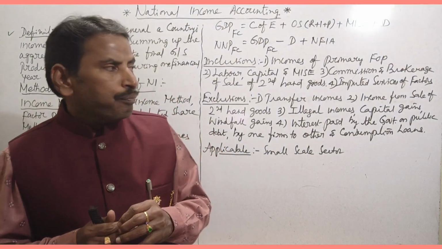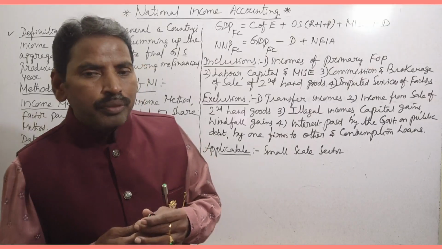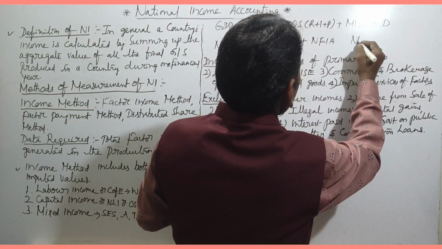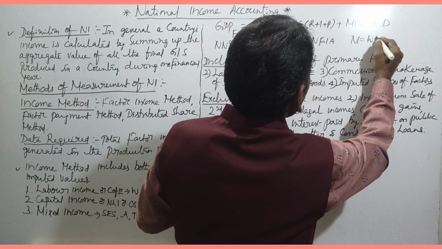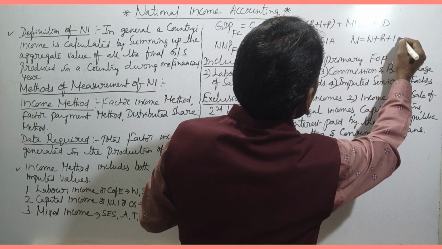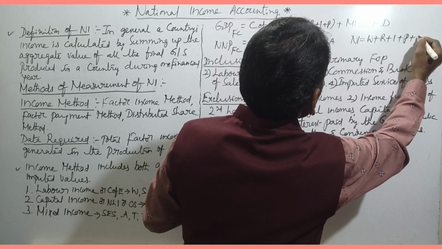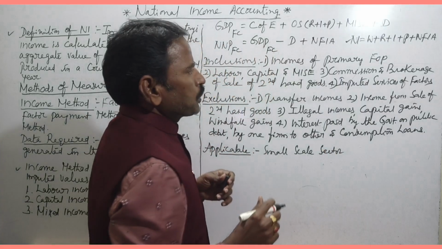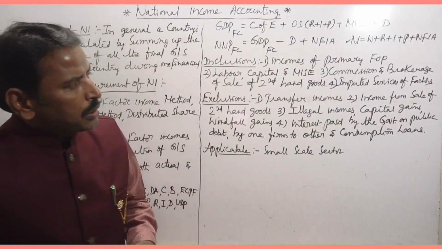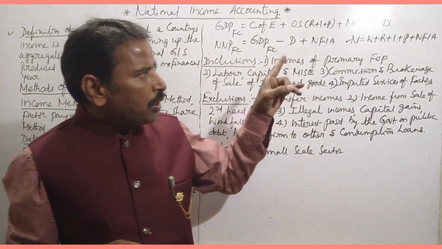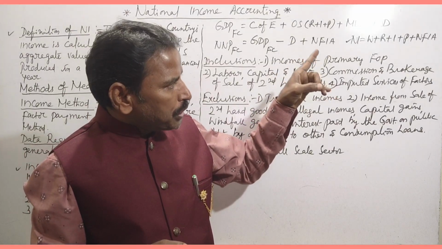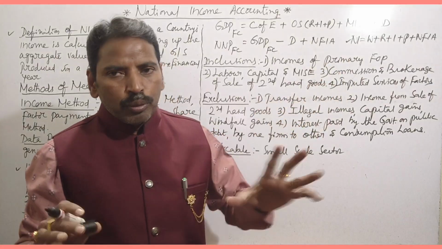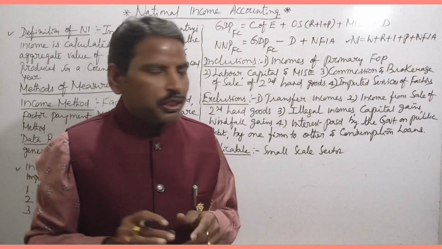Or simply, national income is equal to W plus R plus I plus P plus net factor income from abroad, where W means wages, R means rent, I means interest, and P means profits.